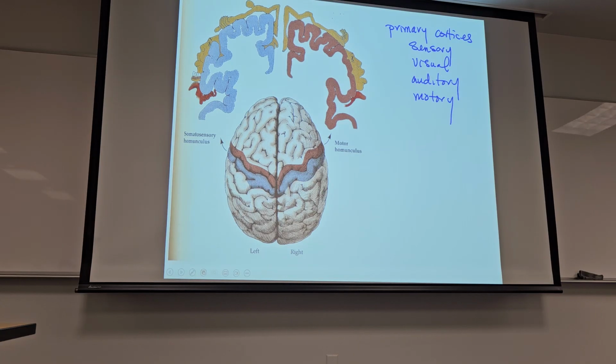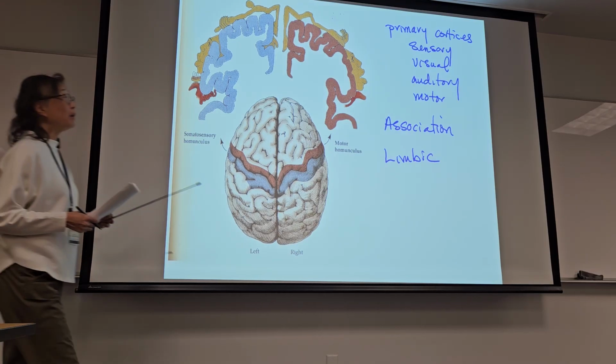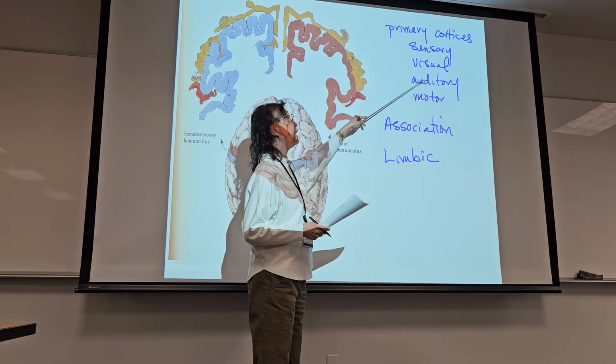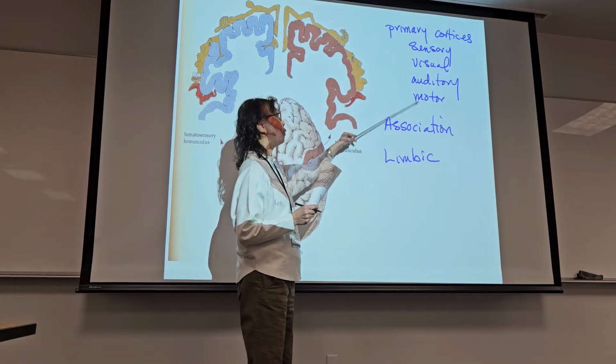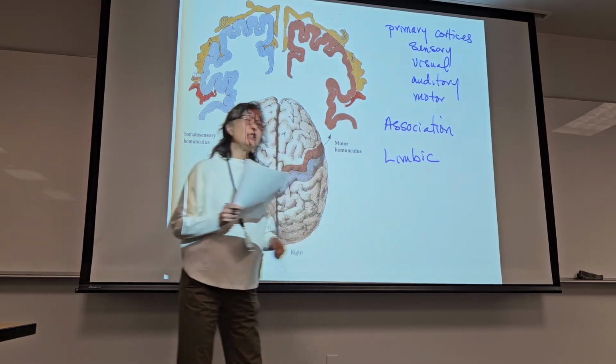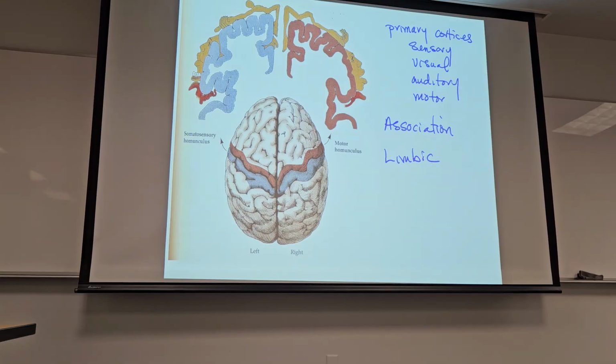Outside of a primary cortex, we then have association cortex, and limbic. Those are our 3 big categories. Now, if you are a primary cortex, you have a very delineated special place for these 4 functions. However, association and limbic are a little more broad in what's counted as it.